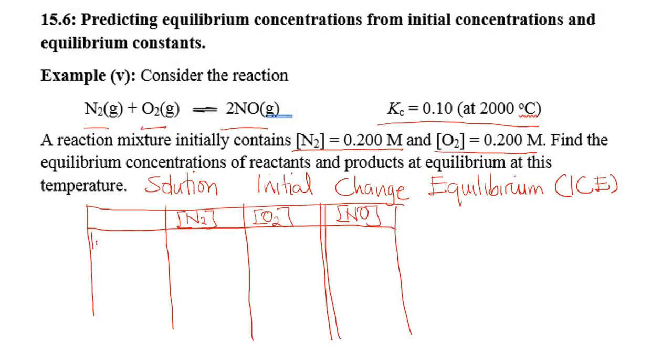Now, what was the initial concentration? Based on what we have, at the beginning, we had 0.200 molar. If I indicate my concentration as this, I mean it is molar.